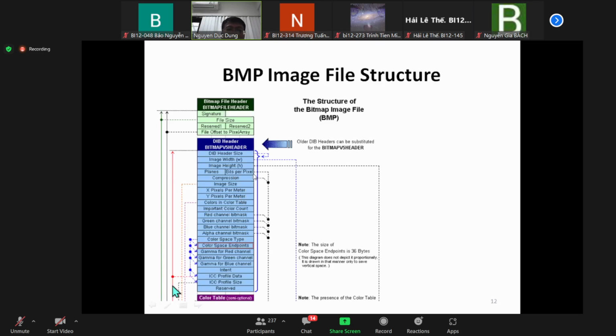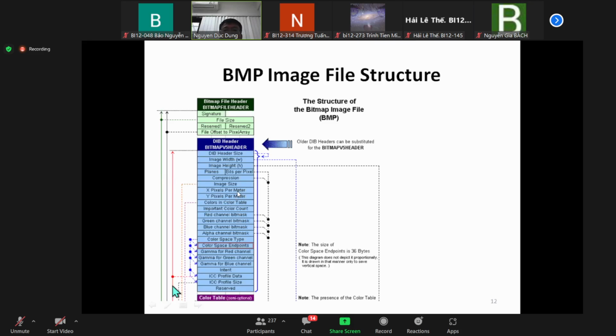Bits per pixel: for example, for black and white bitmap files, it could be 1 bit per pixel. In this case, it's 24 bits per pixel. Then compression or not, and the image size in pixels, for example per meter.